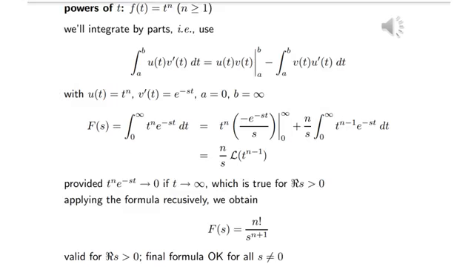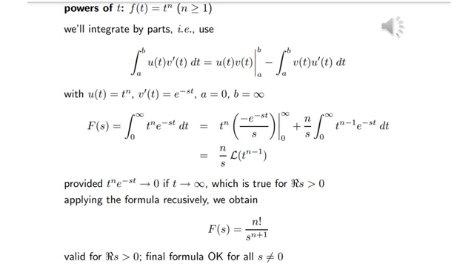Another common function is t raised to the power n, or t square, t cube, t raised to the power 4, or t raised to the power n. Any type of function can be entertained with the help of this type of function. f of t is equivalent to t raised to power n, where n is greater than 1, meaning t is expanding with time.